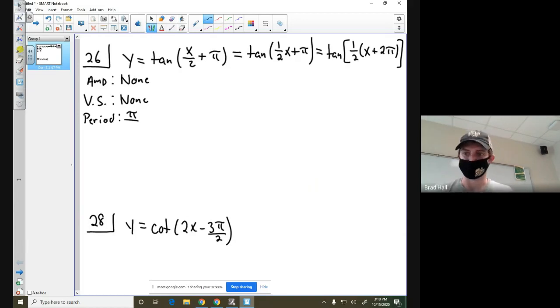Because you're dividing by a fraction, or multiplying, basically, by the denominator. So really, the period, and we'll see this exactly here: what's the number being multiplied to the x? It's 1/2.